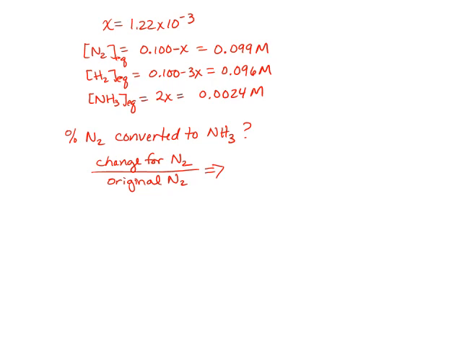The change in the amount of nitrogen was actually x, and our original concentration of nitrogen was 0.1 molar. And we're going to go ahead and express this as a percentage. So the percent nitrogen that was converted is actually 1.2%.